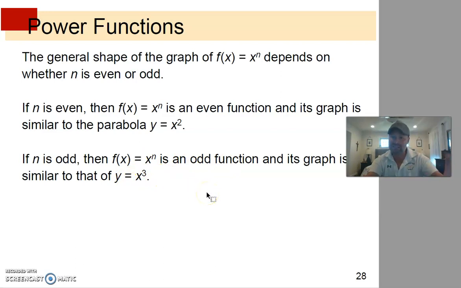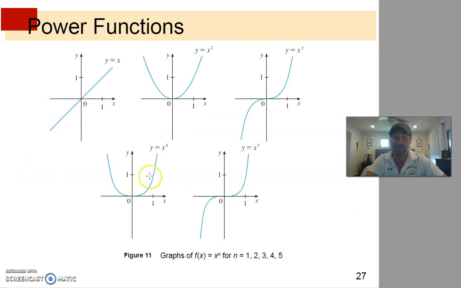So you'll really see that there are those two functions. y equals x squared, which is a parabolic function, and any even powered function will look similar to that, and every odd powered function will look similar to y equals x cubed. So if we go back real quickly here, basically we're focusing on this and this. And notice that the odd powered functions look similar, and the even powered functions look similar. They behave similarly.